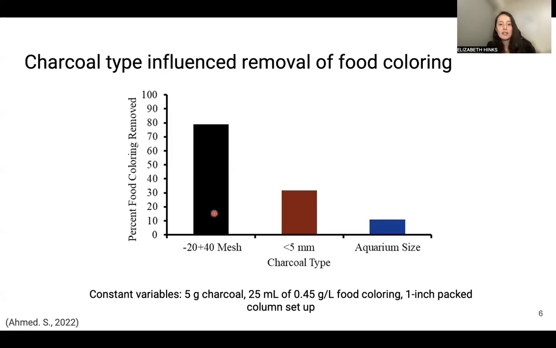This is supported by literature that states that having a high surface area available for adsorbents is very important to the amount of contaminants that can be adsorbed. We also can explain this through the idea that smaller particles are able to pack more closely within a column, and therefore the water cannot pass through the column without actually passing through the adsorbent itself.